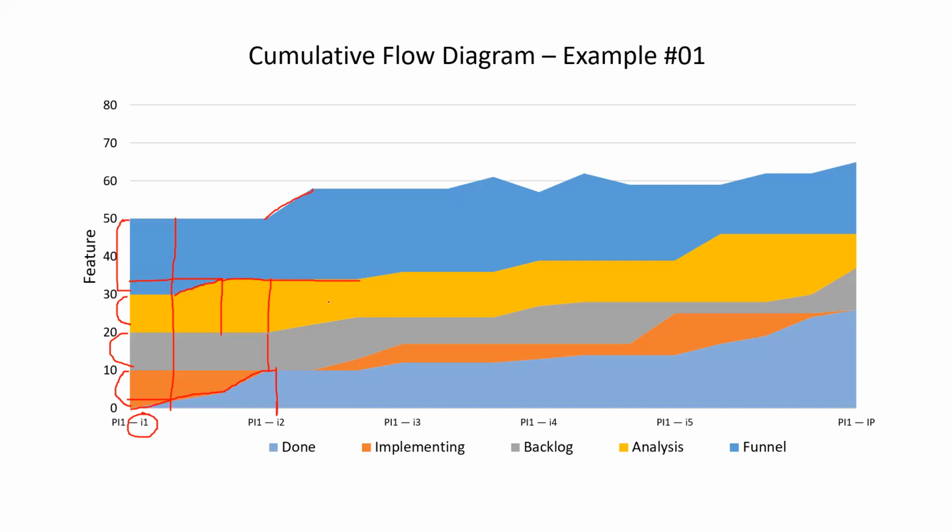So the focus is not on the starting stage or ending stage, but on the middle stages, the analysis, backlog, and implementing. How soon the request from the funnel is getting moved into done, or where the flow is getting stuck. That is what we should be able to analyze from this cumulative flow diagram.